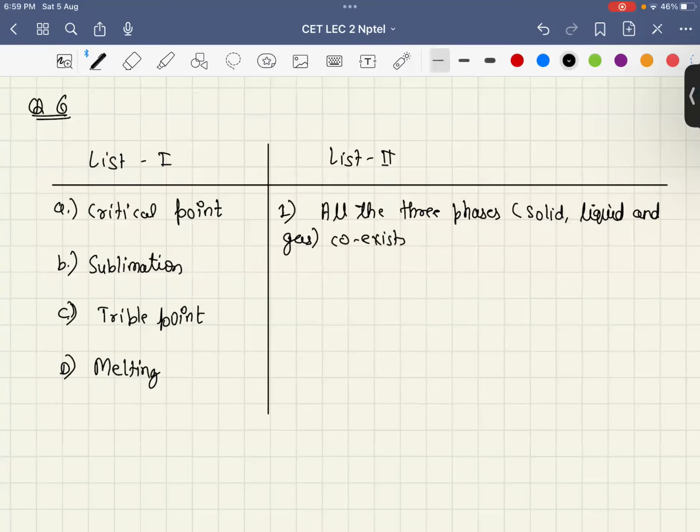The second is phase changes from solid to liquid.